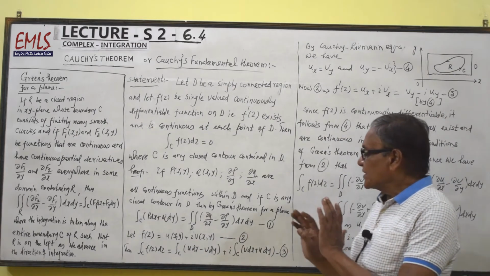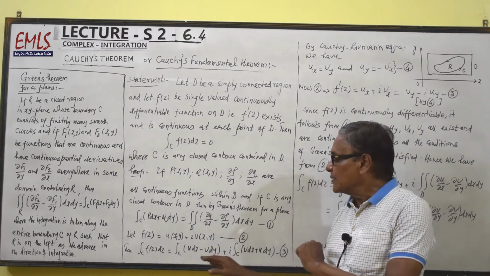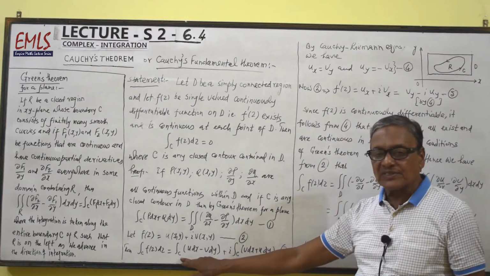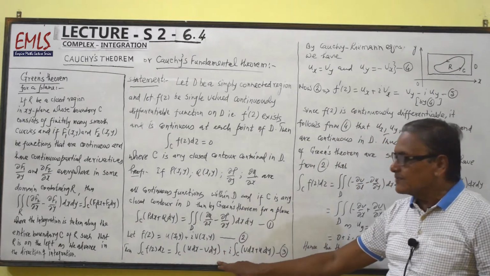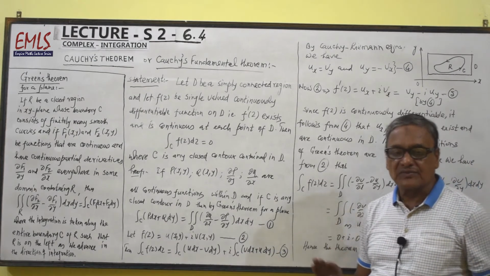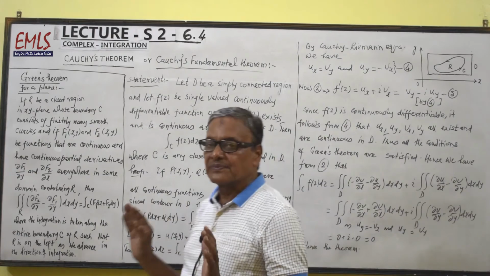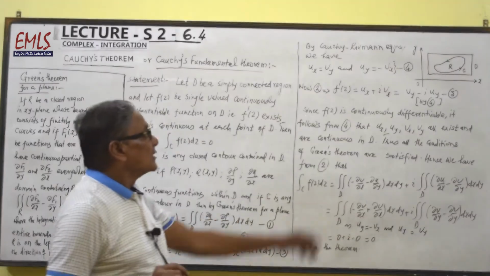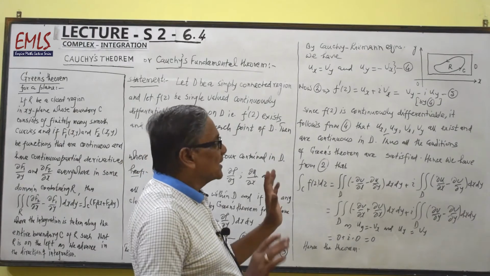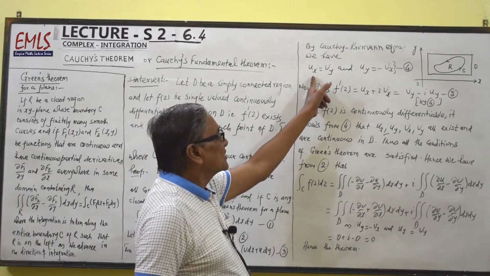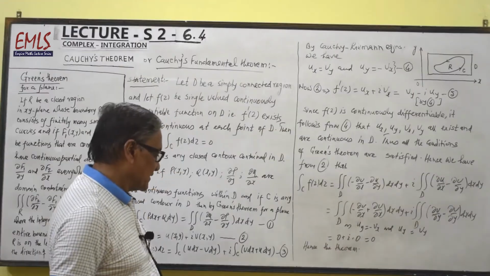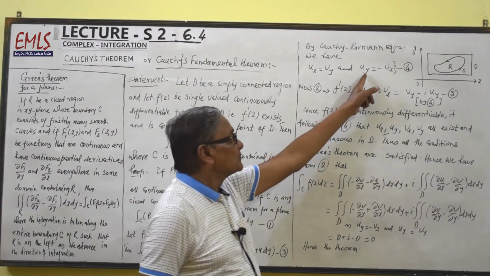So on bifurcation into real and imaginary parts, we can write it directly in this form, which we have already established in the previous theorem. By the Cauchy-Riemann equations, which are established results, u_x equals v_y and u_y equals minus v_x. Suppose this is number 3, this is number 4.